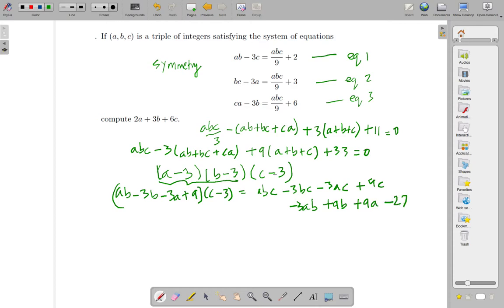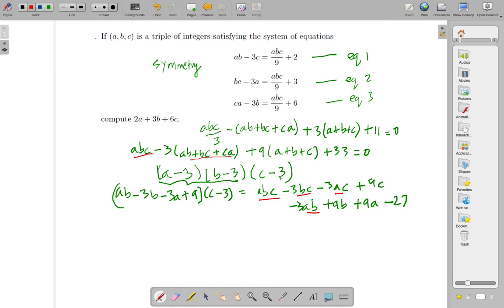So you have ABC here, you have ABC there. You have minus 3 times AB plus BC plus CA, you have minus 3 times BC plus AB plus CA, and you have plus 9 times A plus B plus C. So the only thing different is you have minus 27 here.